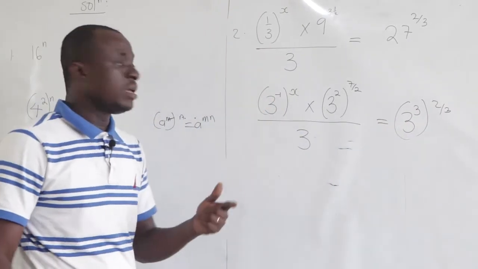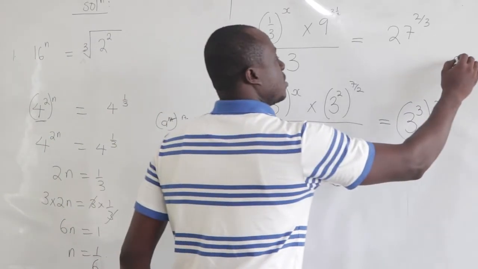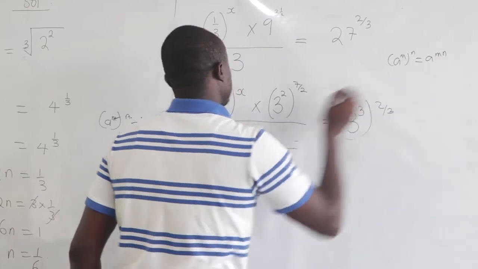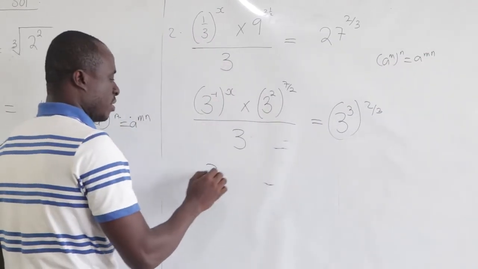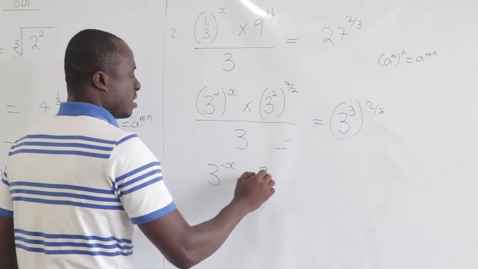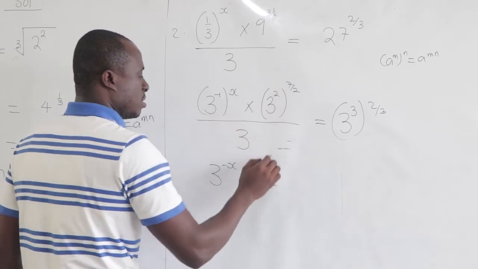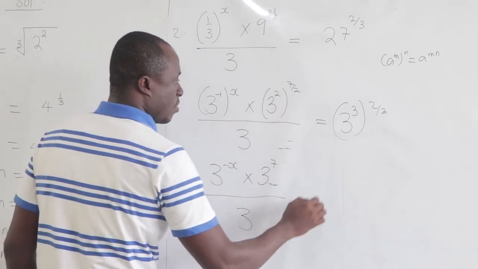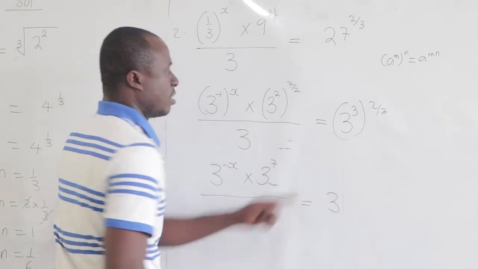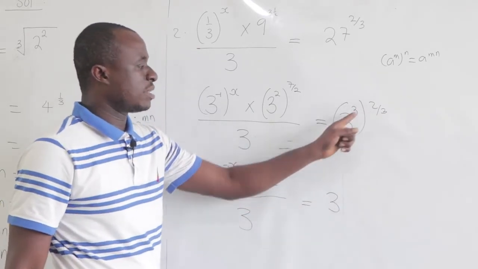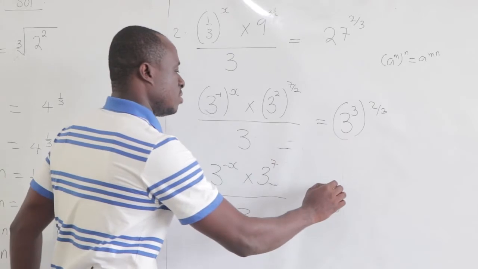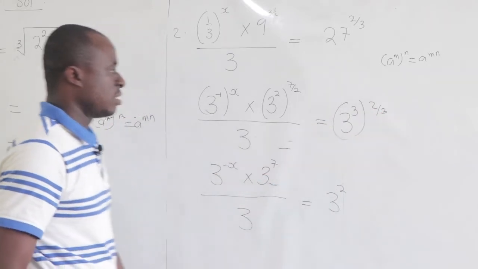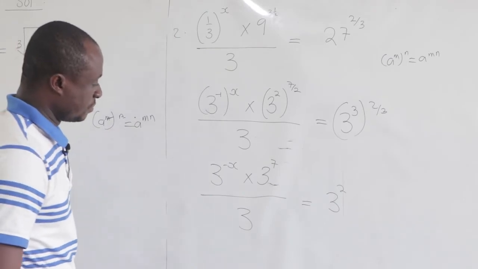Now we know if you have a to the power m, all to the power n, this is a to the power mn. So you multiply. You have 3 to the power negative x times 3 to the power, these two will cancel these two, so you have 7 all over 3, equal to, this will be 3 times 2 over 3, the 3 will cancel this, leaving 3 to the power 2.